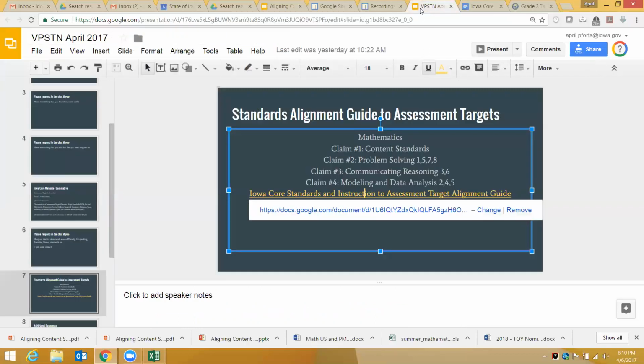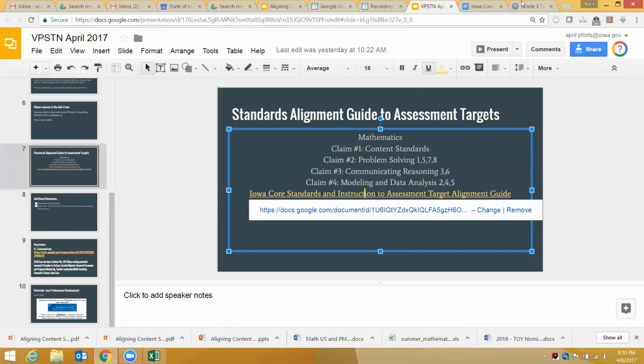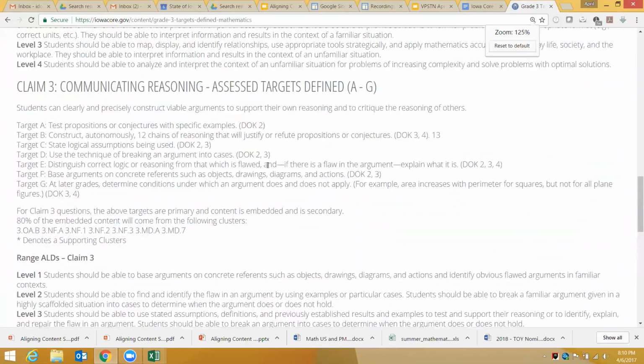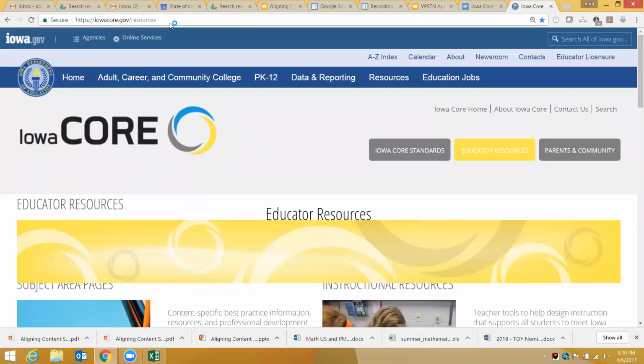So now we'll go over to the website and we'll take a look at what this looks like. So if we go over to the Iowa Core website, and I'm just going to back out of here to make sure we all know how to get in.